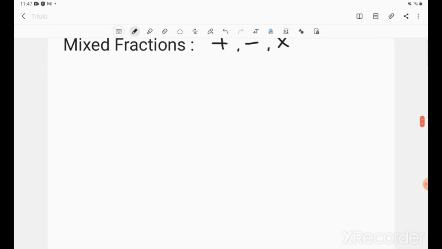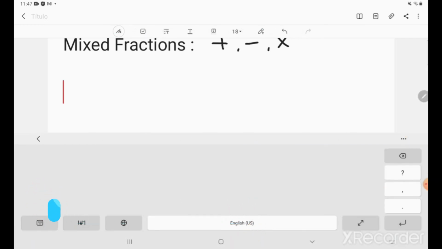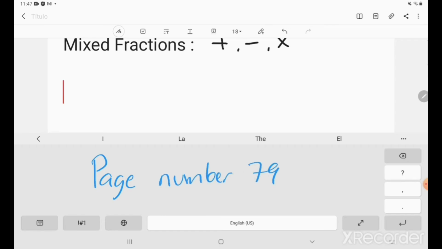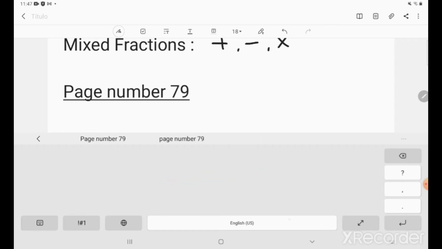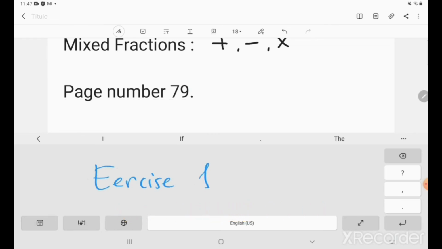Let's check. I'm going to give you some examples. For example, page number 79, exercise number 1.